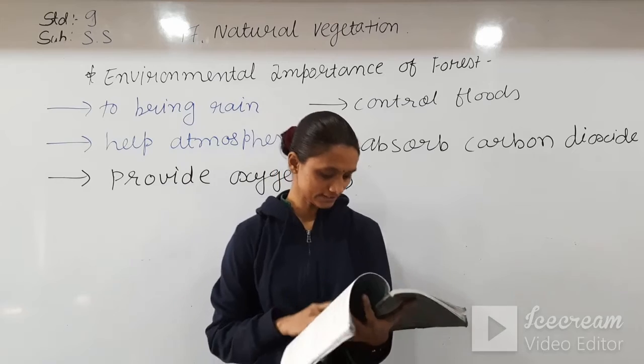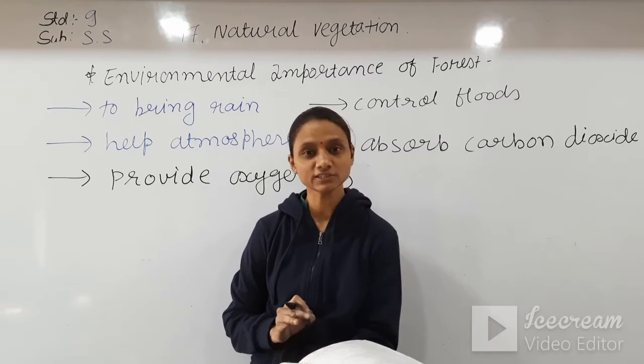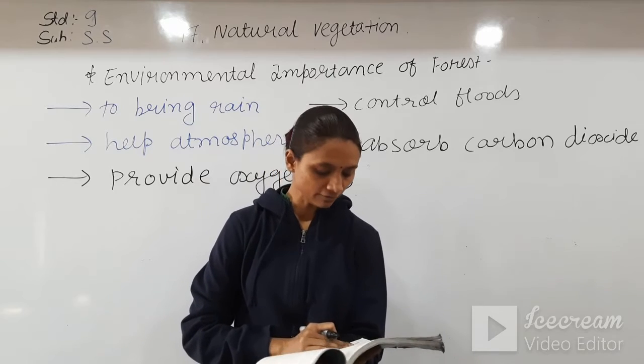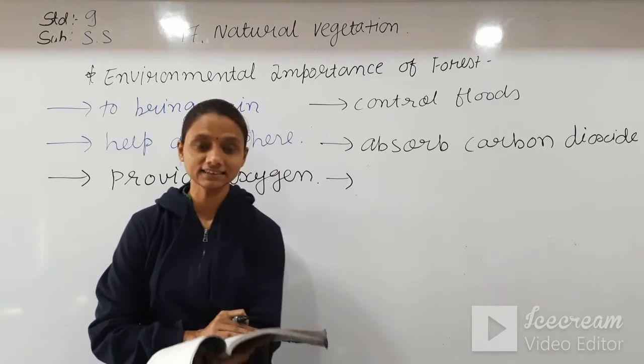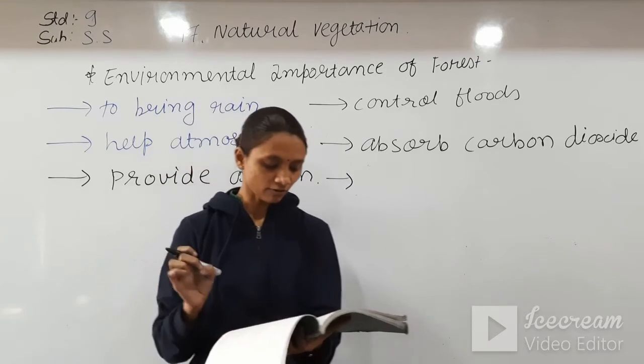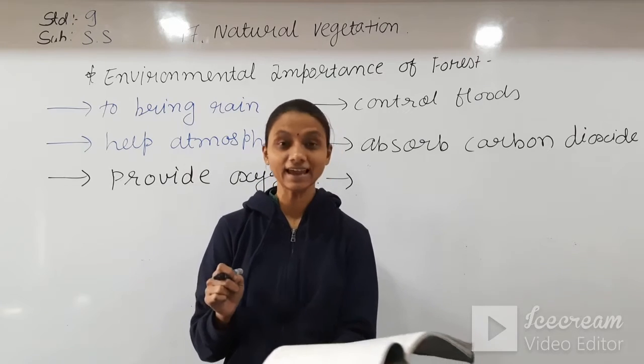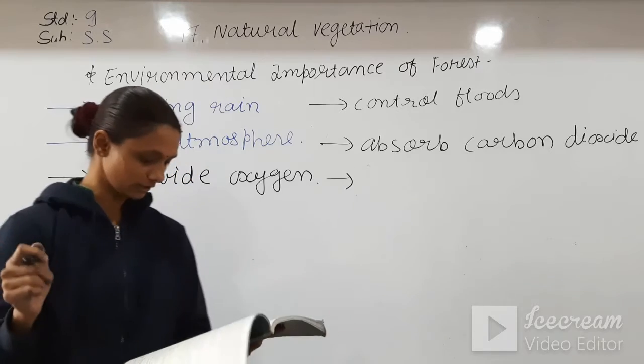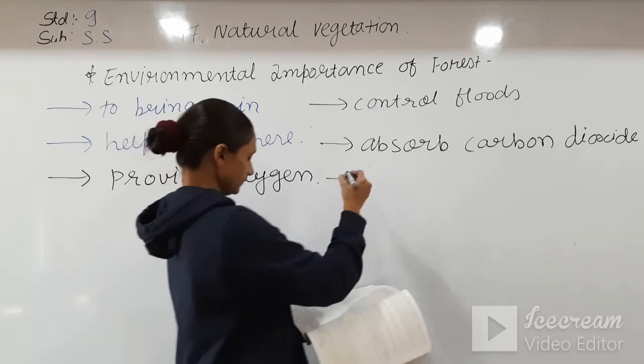Next use of forest is forest prevent soil erosion, forest maintain groundwater, forest restrict the advancing deserts, forests are useful in reducing air pollution. So these are the uses forest can be helpful to us.